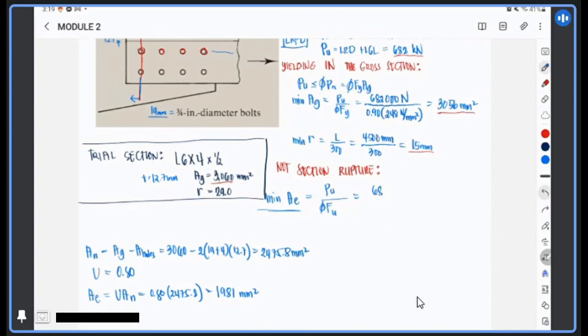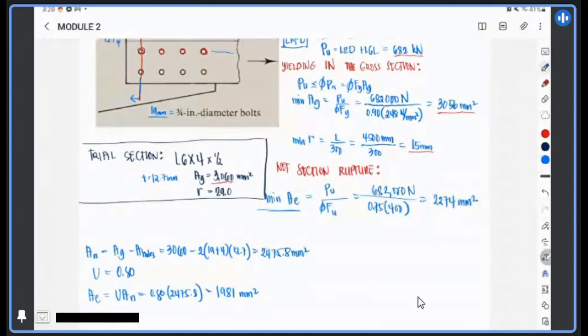Kasi hindi natin makapag-compare eh. Paano natin malalaman kung tama or mali? That's Newton divided by 0.75 by Fu, which is 400 megapascal. And that is equal to 682,000 divided by 0.75 of 400, which is 2,274 square millimeter. Okay?